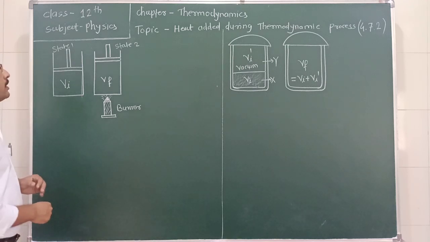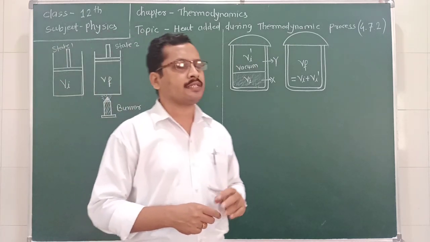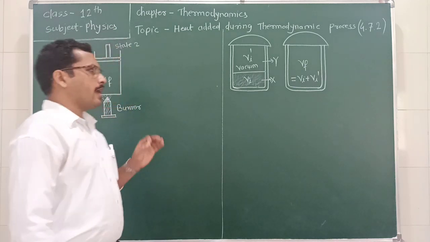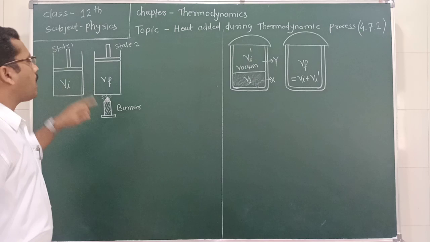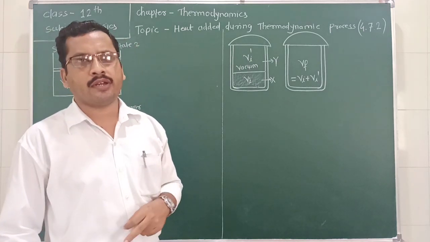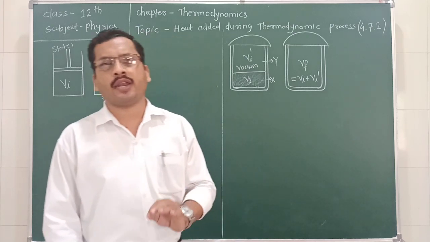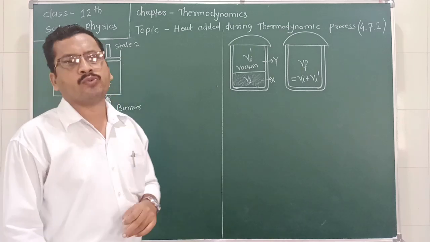This is the diagram in which a cylinder is given and an ideal gas is filled inside the cylinder, and a moving, frictionless, massless piston is attached to the cylinder. We have to change the state of the thermodynamic process from state 1 to state 2.